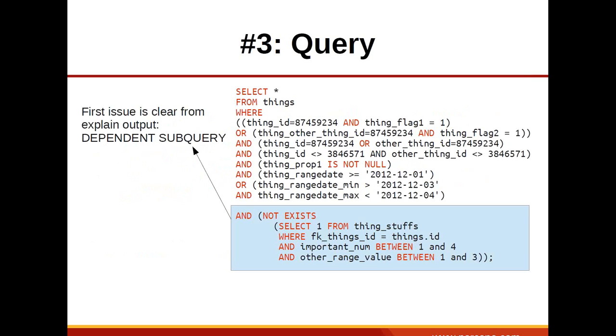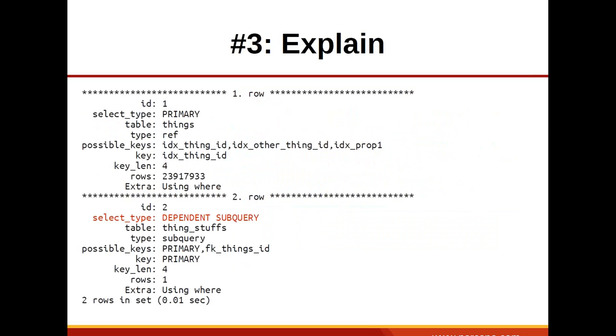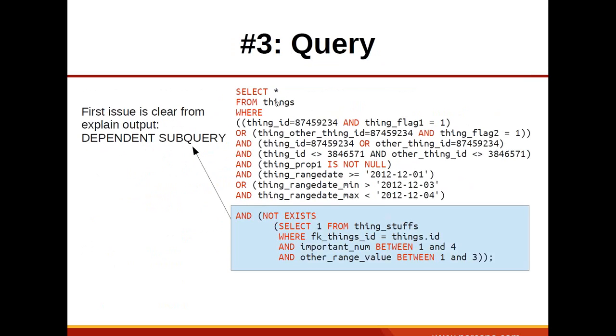Okay, we formatted it, so now we understand what it is doing, and we did an explain on that. The first issue in the explain output which we identify is that this part of the query is a dependent subquery. So how can we overcome that? We are selecting from the things table.